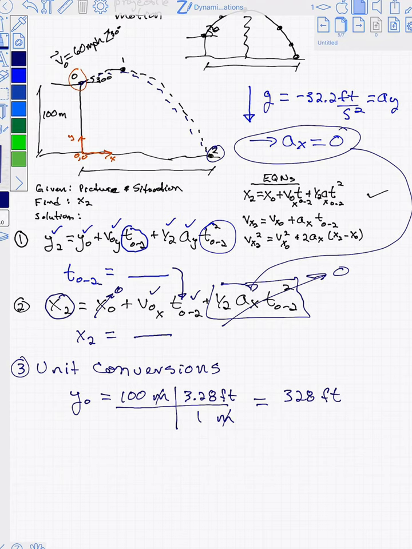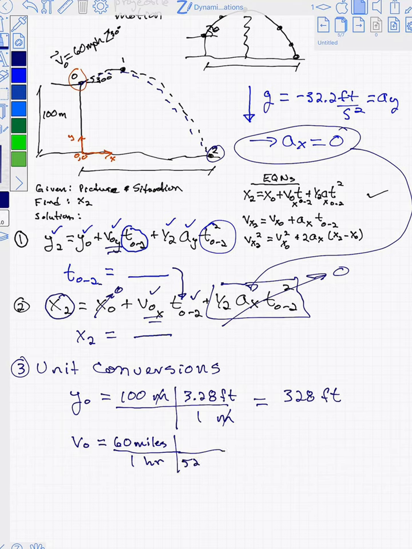I also am going to need the velocity in the y direction at point 0 and the velocity in the x direction. Let's get v0. It's right now 60 miles per hour. I'm going to do that differently: 60 miles in 1 hour.